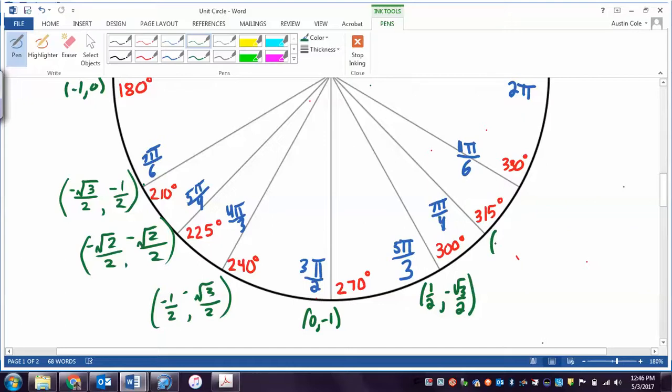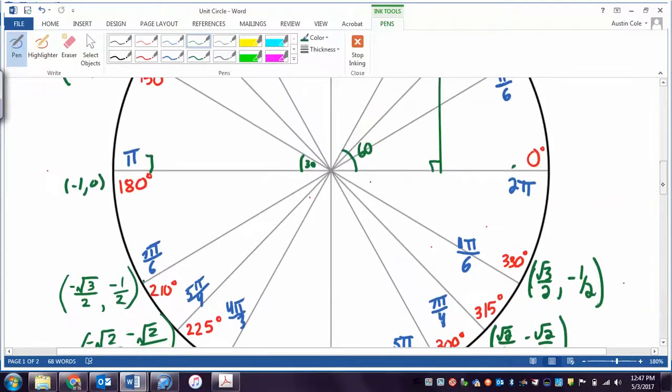Okay, like Mr. Cole said, anytime we have a 45-degree angle, we are having square root of 2 over 2. And since we're in the fourth quadrant, the y is negative. What's 11 pi over 6 going to be? Square root of 3 over 2 and negative 1/2. Exactly. Finally, 2 pi is going to be 1, 0.